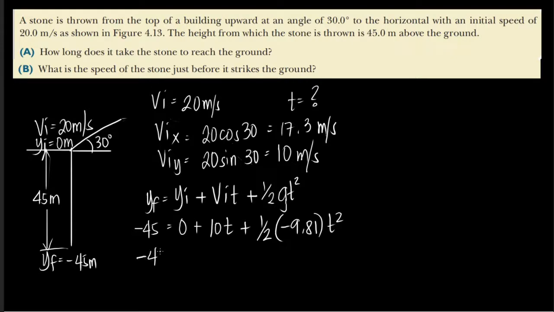This becomes negative 45 equals 10t plus, calculator. So, 9.81 times 0.5 is 4.905. Negative 4.905t squared.